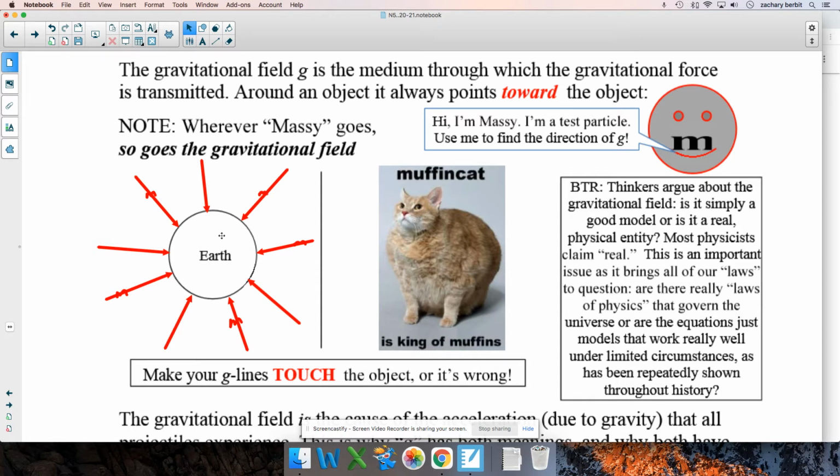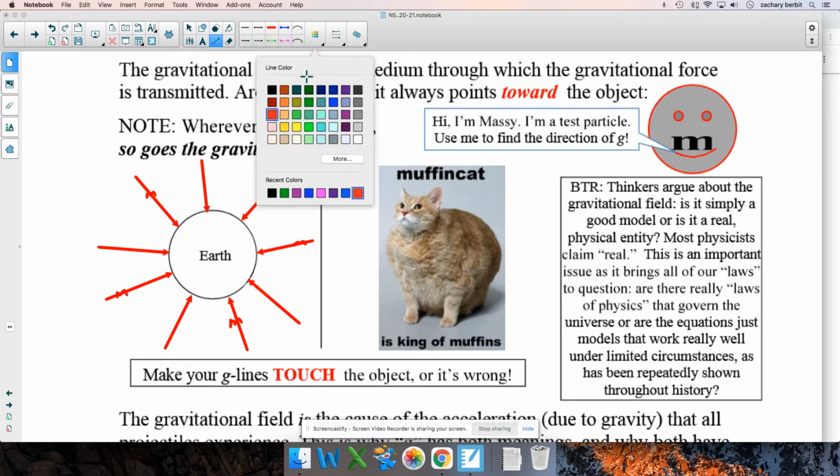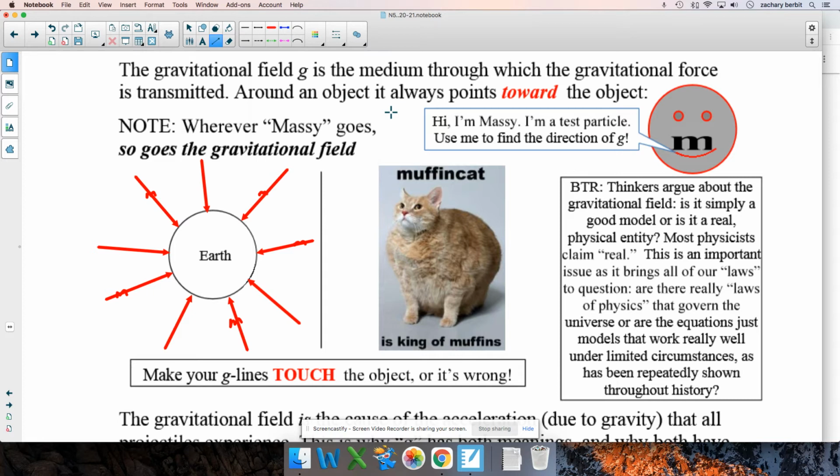But anyway, gravitational field strength is not limited to the Earth. Muffin Cat has mass. Therefore, Muffin Cat also has gravitational field lines around him. In fact, what we need to do is identify Muffin Cat's center, which is maybe somewhere in this soft pillowy region. And then we start drawing field lines to it, ending at his surface.